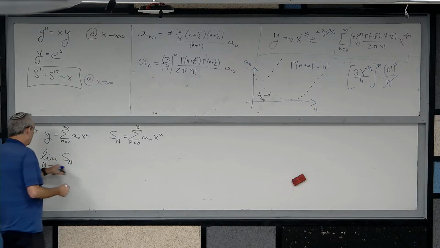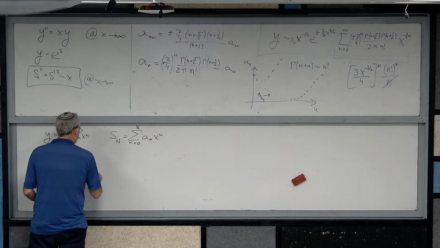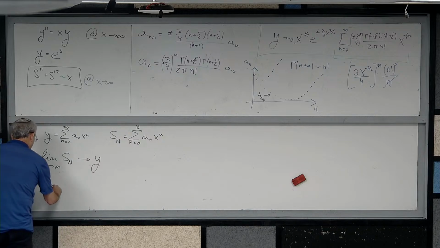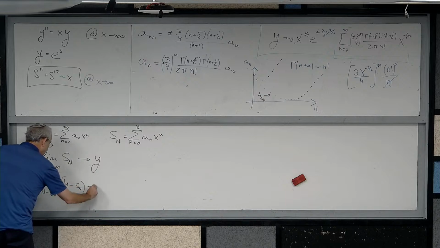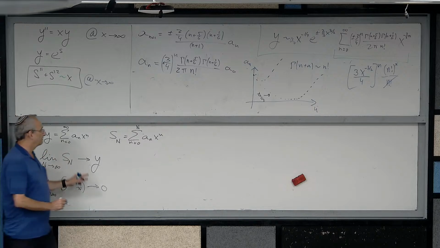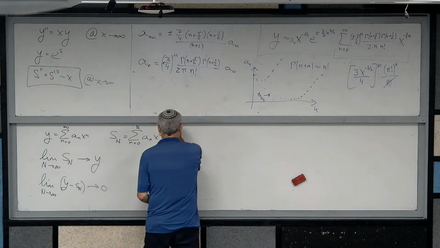We know that this approaches y, the correct result. You see? So another way to say it is that the limit as N goes to infinity of y minus S_N approaches 0. This is in a regular series.